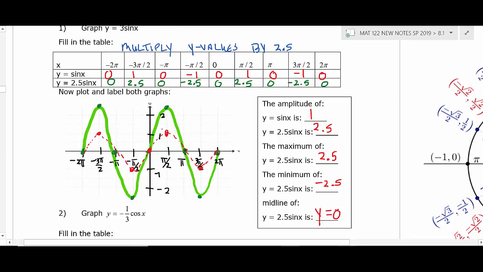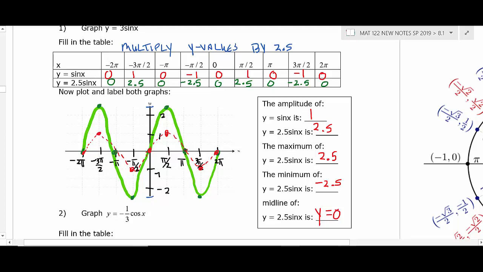And then graphically, make sure you label your x-axis like that. You may have done your y a little different than I did. I went ahead and did 1, 2, and then 2.5. I like to spread things out as much as I can so they're a little bit more readable. So that's what your graph should look like. You can see that the maximum stretched to 2.5, the minimum stretched down to -2.5.